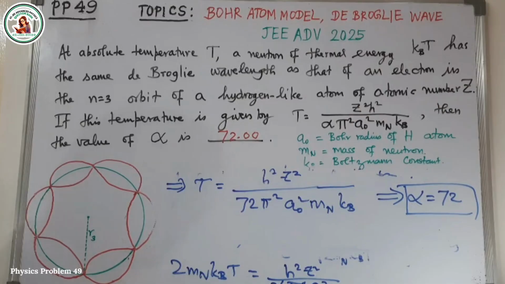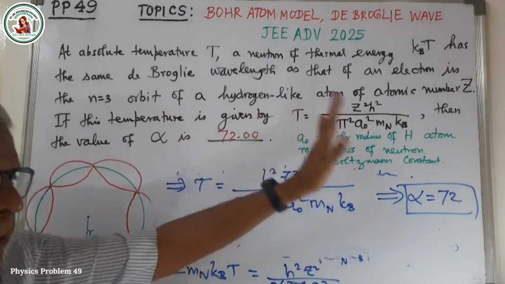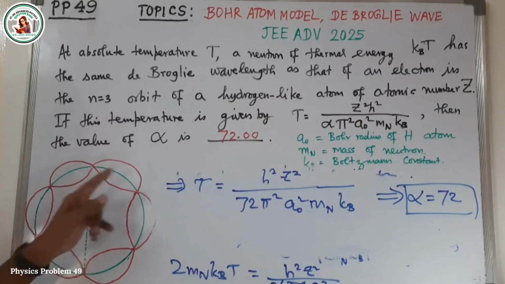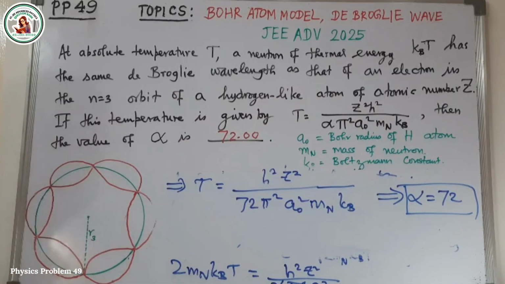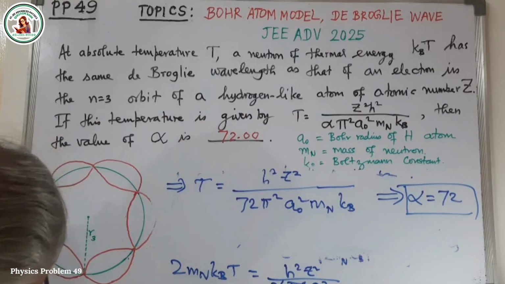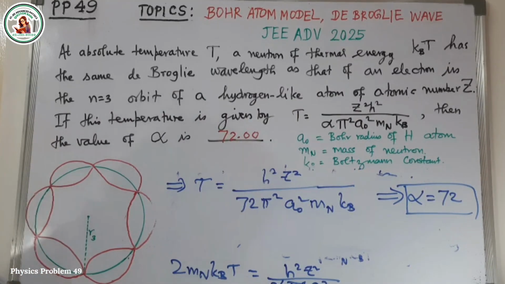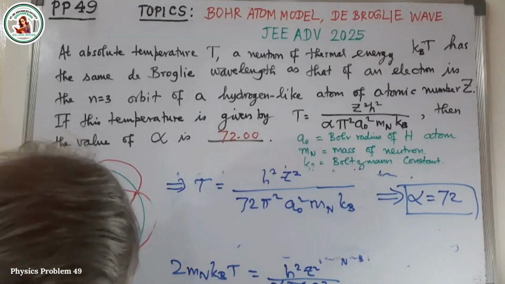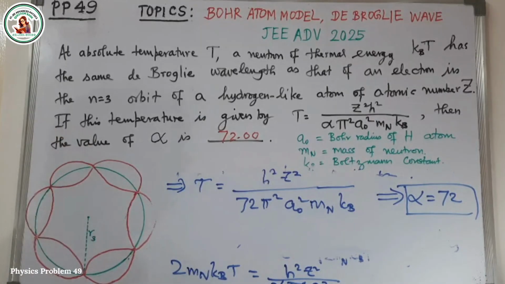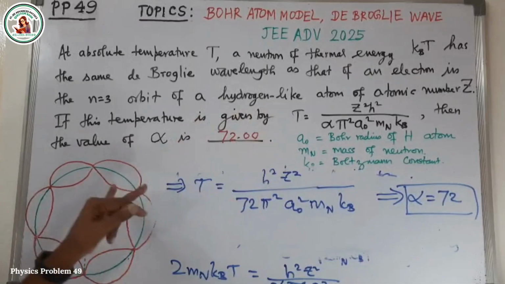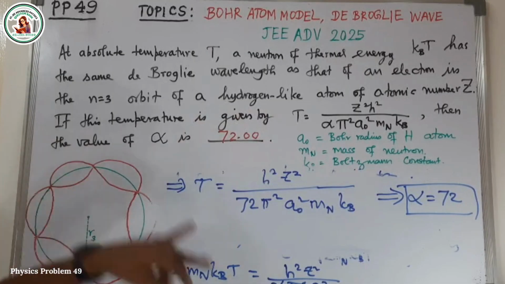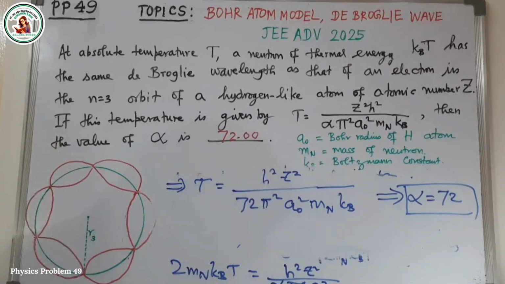So it's simple, only two things you have to know: the general formula for de Broglie wavelength, and that the electron is making stationary waves with the number of waves equal to the orbit number. So I think we understood the concept.